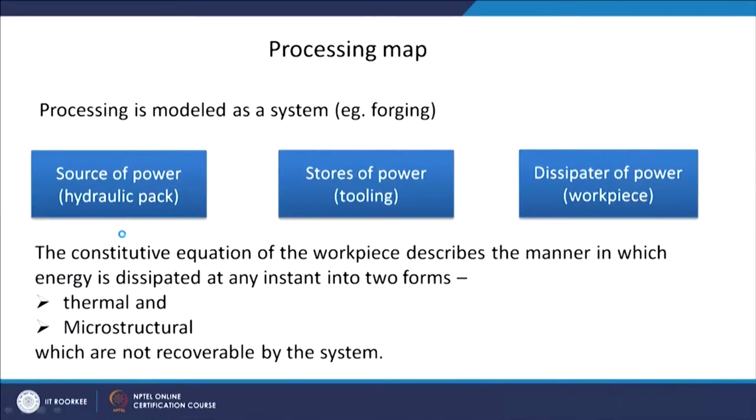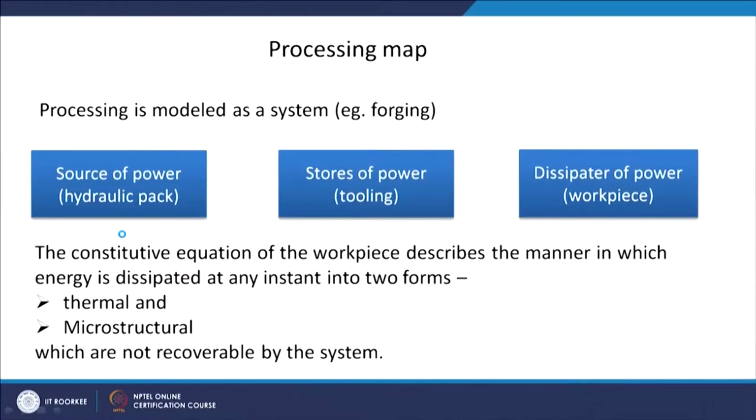So, the workpiece is now acting as a dissipator of that power. Now, already we have seen the constitutive equation. The constitutive equation means how the material or workpiece is going to behave, and that decides how this energy will be dissipated at any instant, and it will be dissipated in two forms. So, whatever power we are putting in, it will be dissipated in two ways.